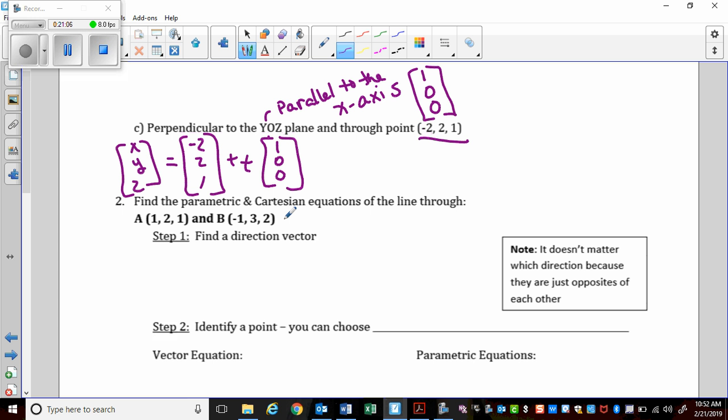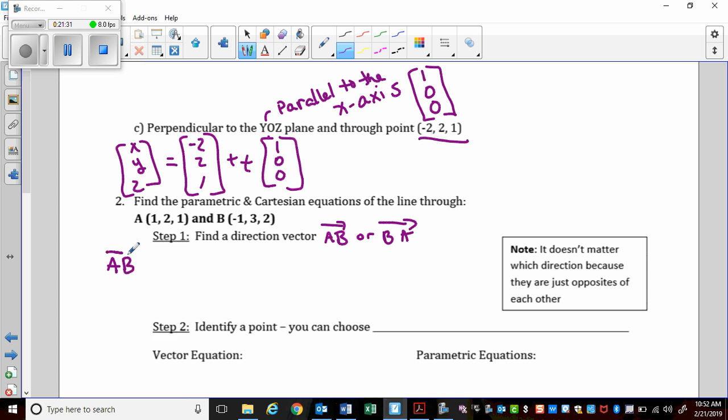Find the parametric and Cartesian coordinates through this line A and B. Find the directional vector. Okay, so step 1, we can find AB or BA. It doesn't tell us, so I'm going to do AB.